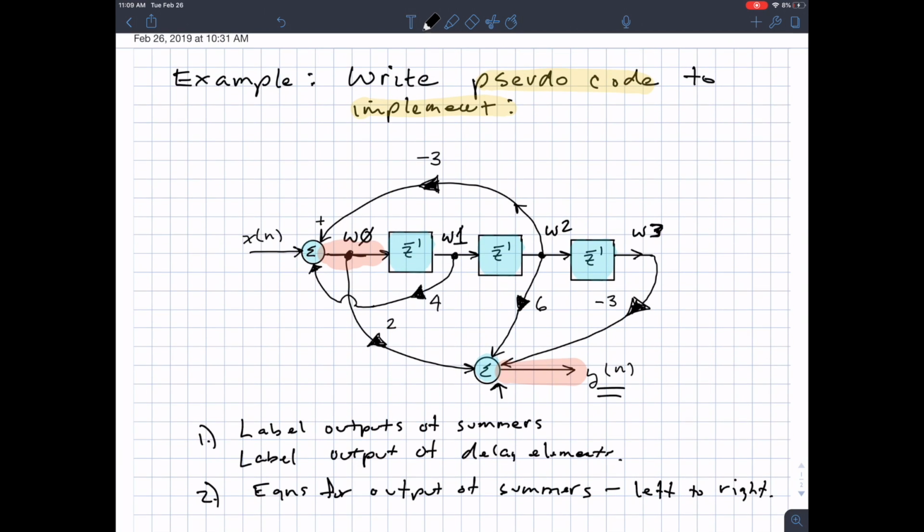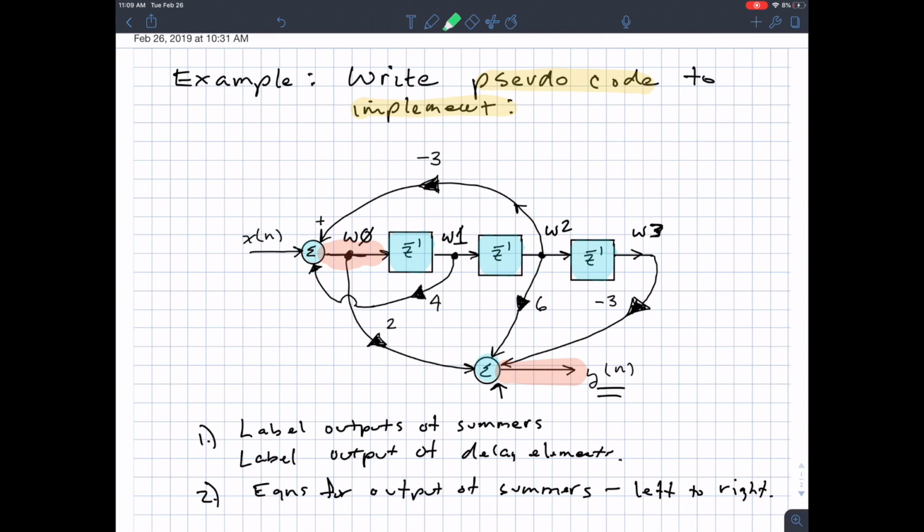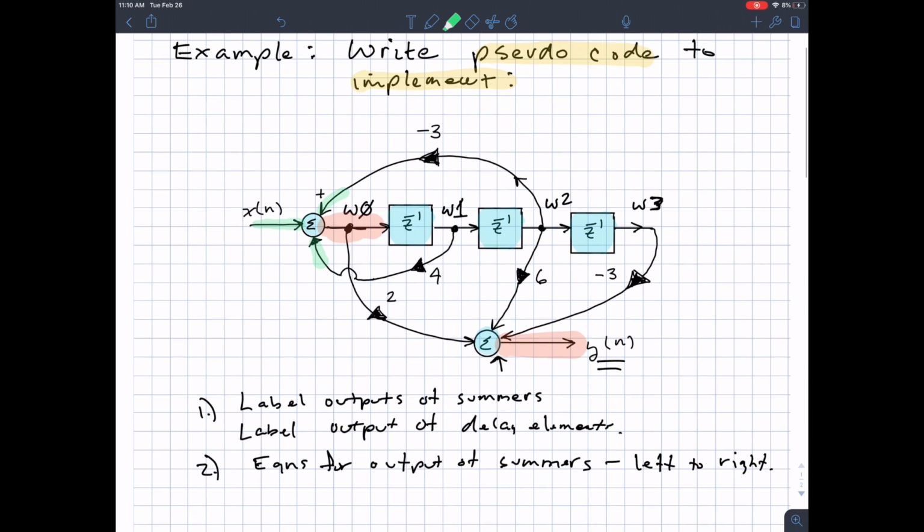All right, so taking the first summer into account, I'll put a little green line here. I see I have this input coming in, I have this input coming in, and I have this input coming in. So the three green highlighted lines are the inputs.